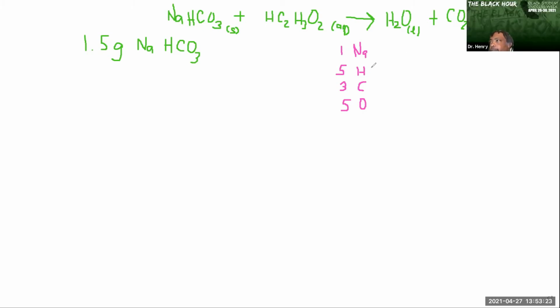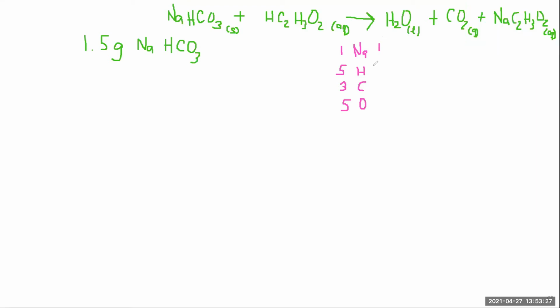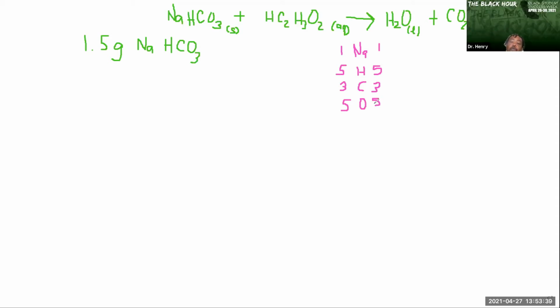On our product side, we have 1 sodium. We have 5, we have 3, 3, and we have 5. Okay? So we just confirmed that it's a balanced equation. Anytime you're doing chemistry, you always want to confirm that it's a balanced equation, right? Because otherwise you're hurting yourself. So are you good so far?